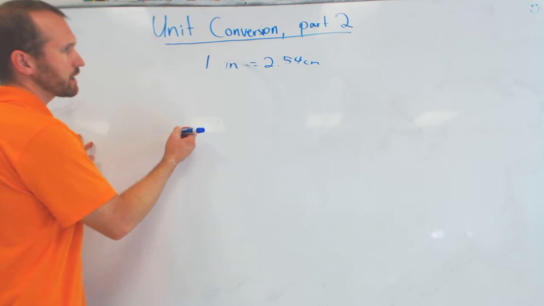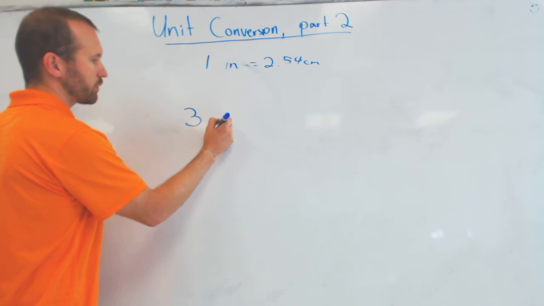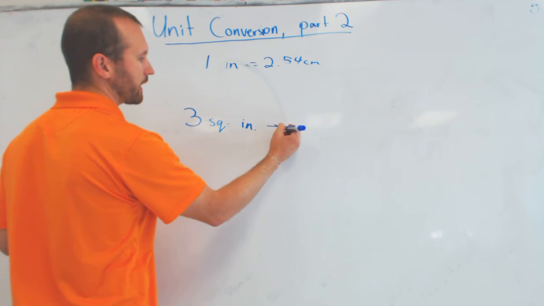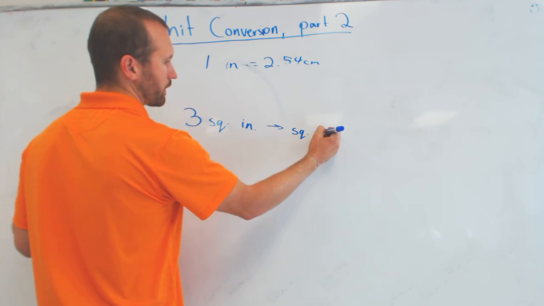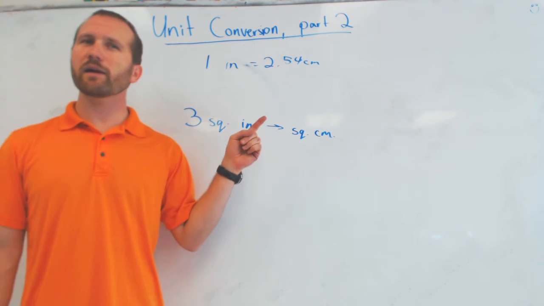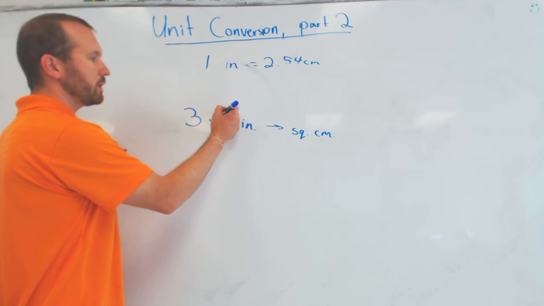So let's say I had something like 3 square inches, and someone wanted me to convert that into square centimeters. There's another way of writing square inches and square centimeters. We can do it like this.